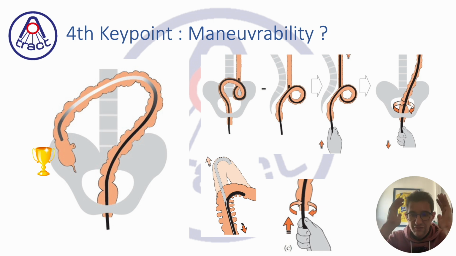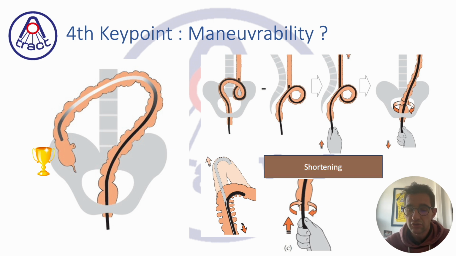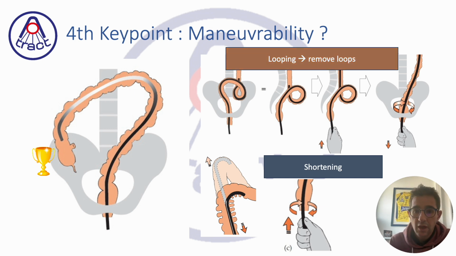So what is very, very important is to have a good maneuverability, and for this you should try to do the shortening technique described by Japanese colleagues in order to shorten every angle and avoid looping.